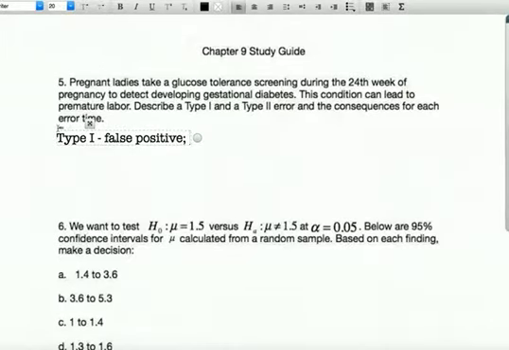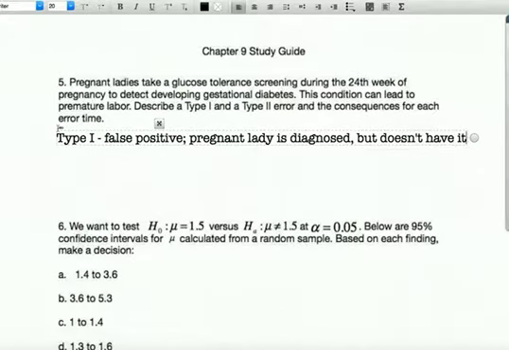So this would mean that the pregnant lady is diagnosed but doesn't have it. And so this lady receives medication but doesn't need it.